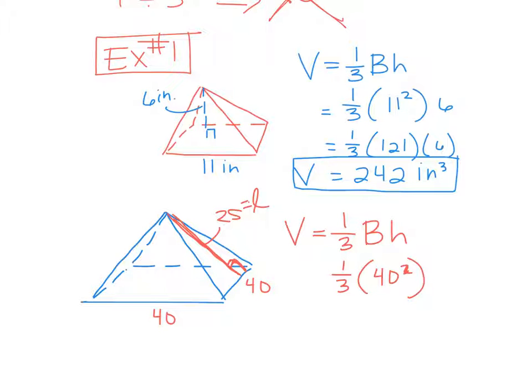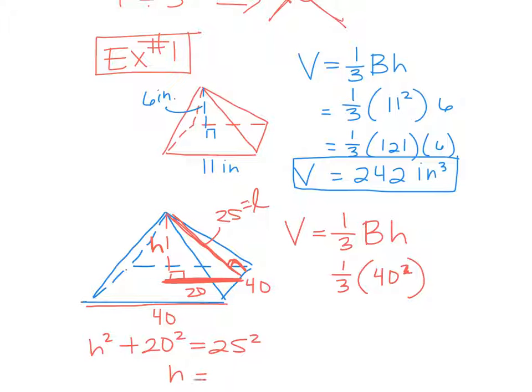So you need the Pythagorean triple to find your height, right? This is H. What's this bottom length? That is 20, because it's going to be half the length of your side. So it's going to be H squared plus 20 squared equals 25 squared. And when you solve that, H comes out to 15.